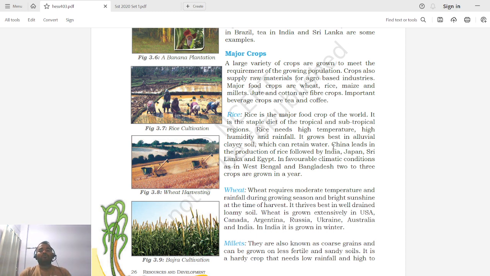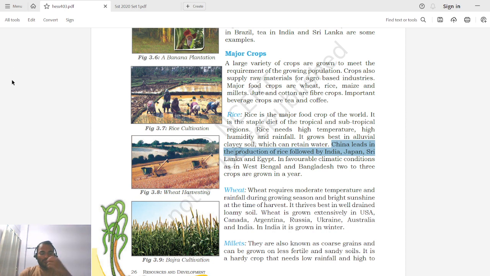China is leading in the production of rice, followed by India, Japan, Sri Lanka, and Egypt. This is the worldwide production categorization.